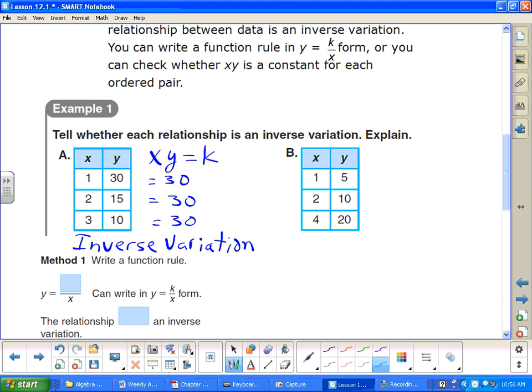Where in part B, when I multiply them, I get 5, 20, and 80. Since they are not the same, then it's not an inverse variation.